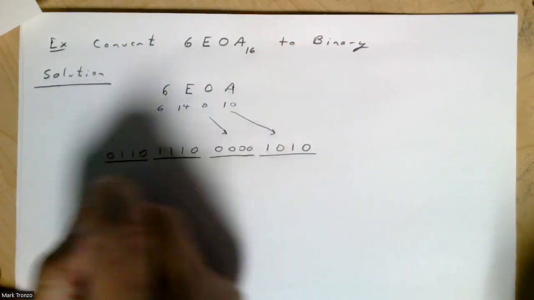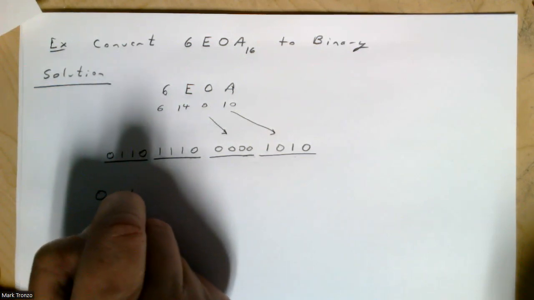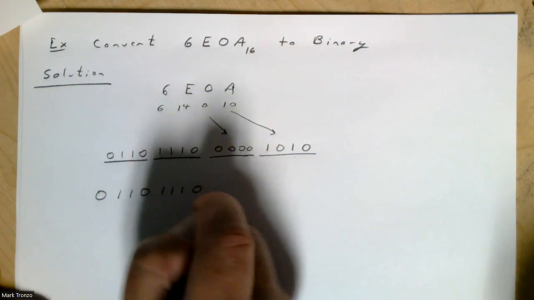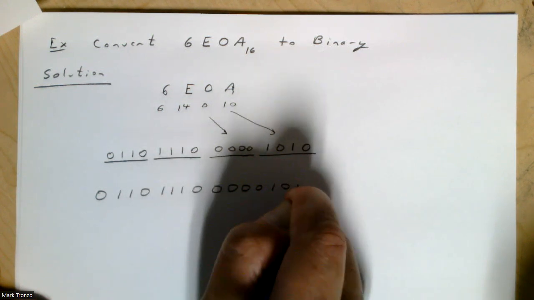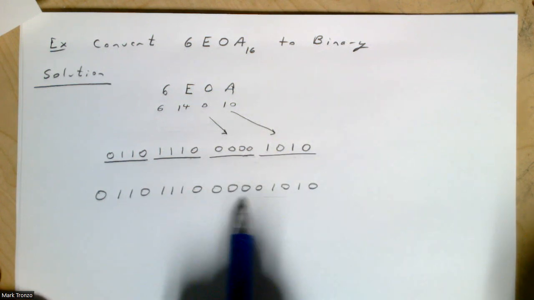And again, you could probably leave it like that and put a little 2 at the end, just for clarity. Let me just write it this way. Like this, just to be sure I got the right number.